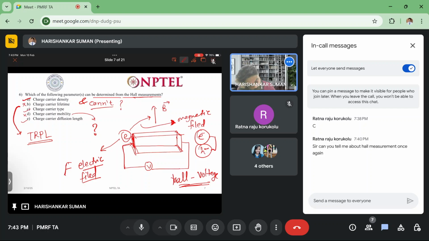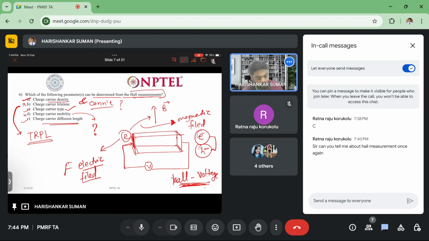So the type of material we can easily determine. Also we can determine the charge carrier density from the expression of the Hall measurement. And you can also calculate the diffusion length, how far the electron travels.